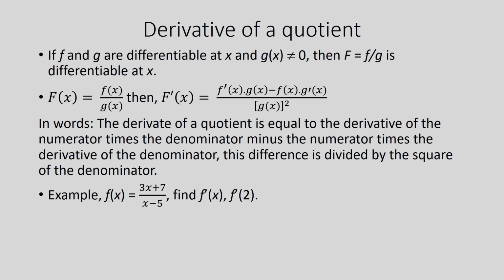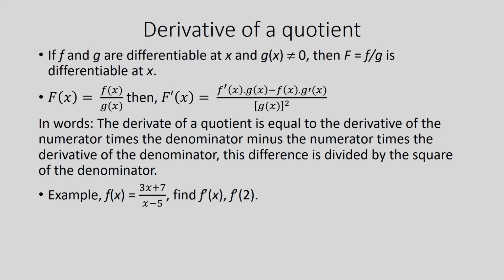Okay. Now, we come to another rule, which is the derivative of a quotient. So, if f and g are differentiable at x and suppose g(x) is not equal to 0, then capital F, which is equal to small f by small g, is differentiable at x, right.